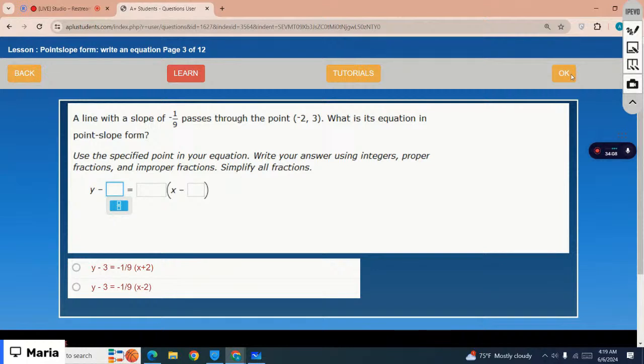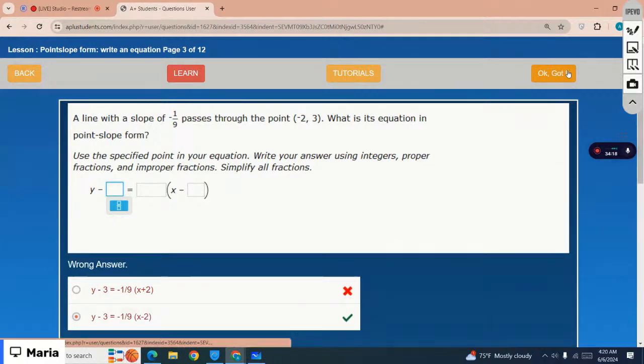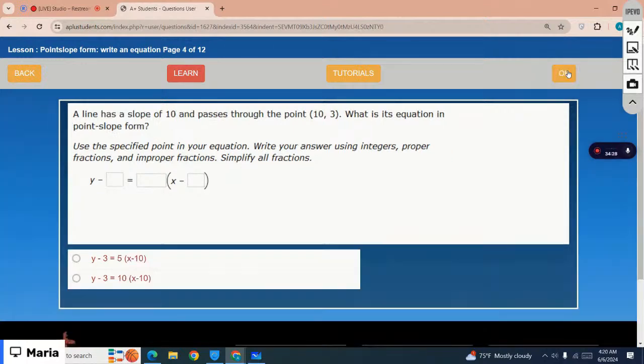Y minus 3 equals negative 1 over 9 times x plus 2... oh yes, y minus 3 equals negative 1 by 9 times x minus 2. Option number 2 is the correct option.